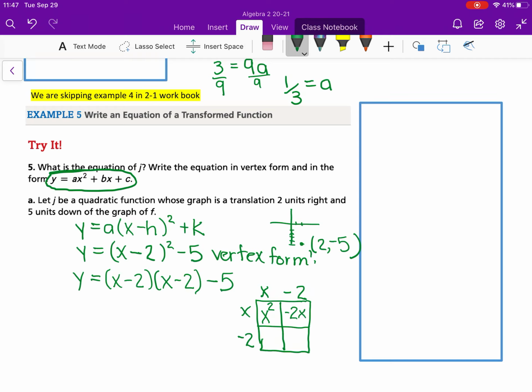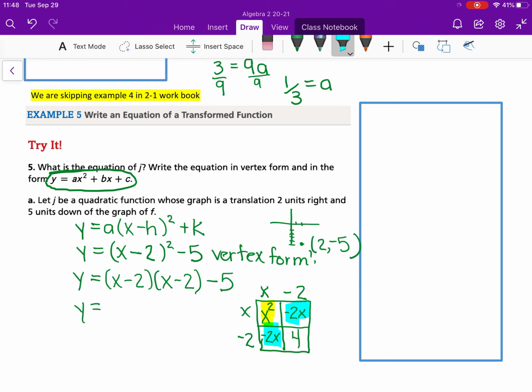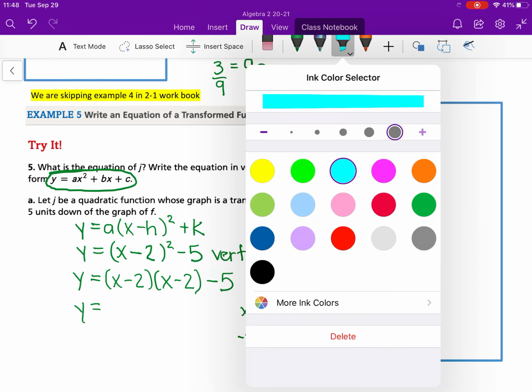So x times x is x squared. Negative 2 times x is negative 2x. Negative 2 times x is negative 2x. And then negative 2 times negative 2 is positive 4. So how do I write my final answer? I combine like terms. There's no like term for the first one.